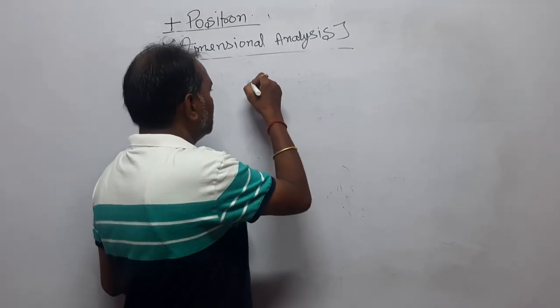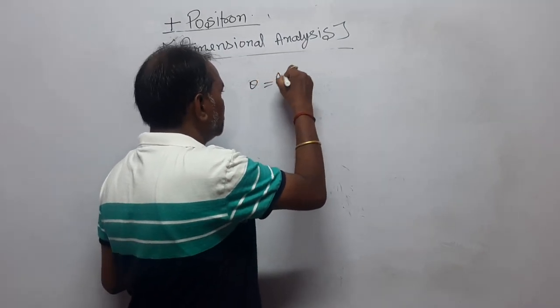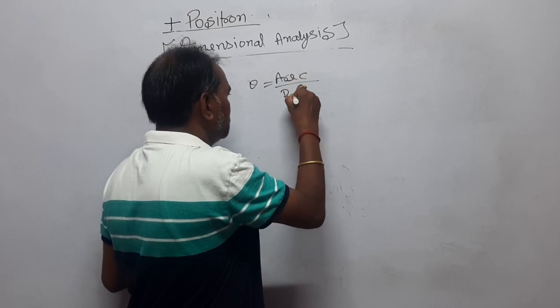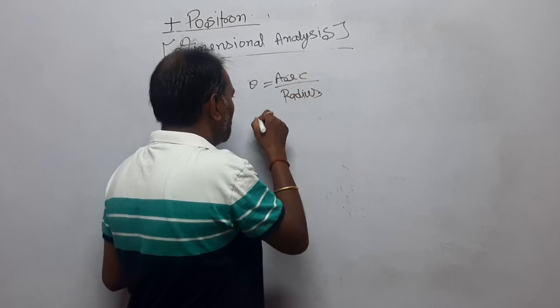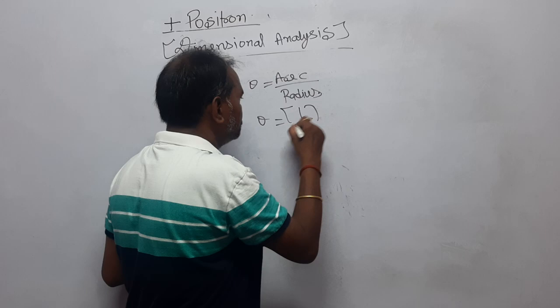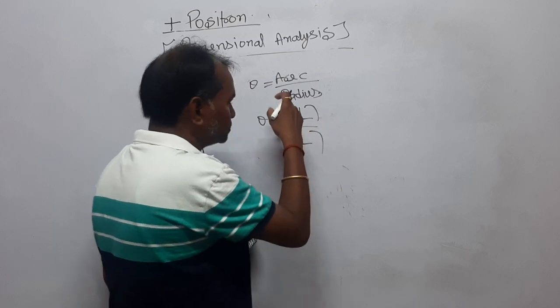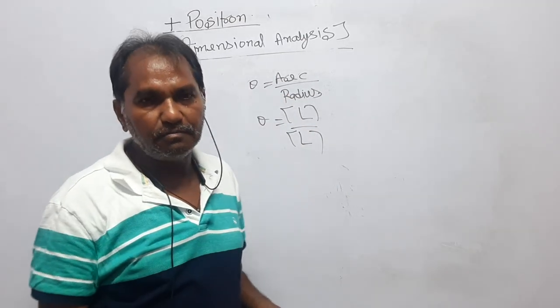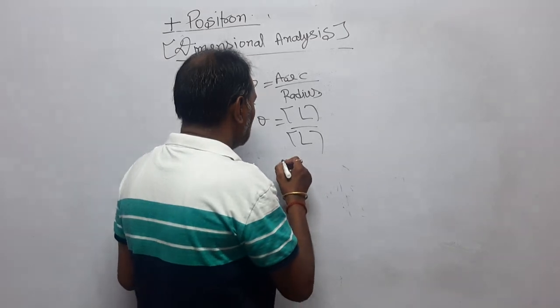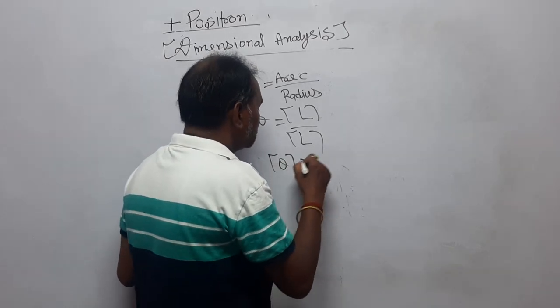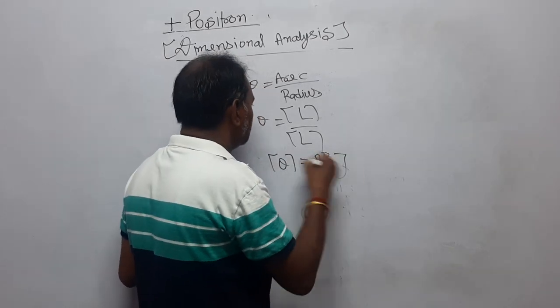Like this we can find angle. Angle is equal to arc upon radius. Now you know, arc is also measured in terms of meter or centimeter, and radius in meter or centimeter. So L by L. So theta is a dimensionless quantity, right?